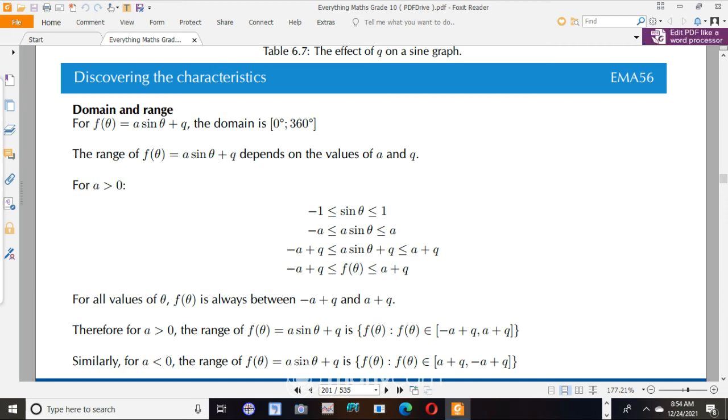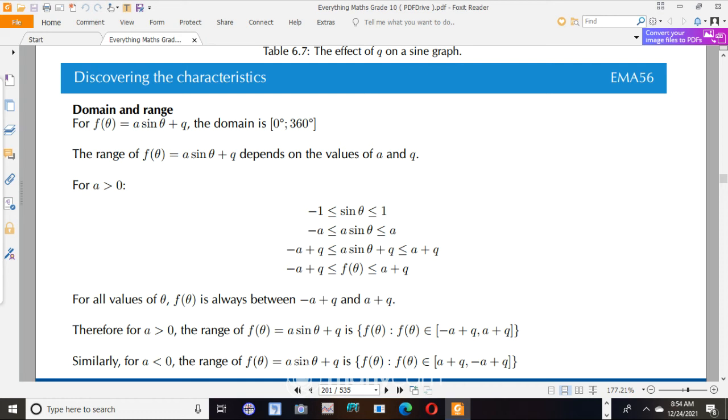Here, -1 is less than or equal to sin theta, and sin theta is less than or equal to 1. Multiplying by a: -a is less than or equal to a sin theta, which is less than or equal to a. Adding q: -a plus q is less than or equal to a sin theta plus q, which is less than or equal to a plus q. So -a plus q is less than or equal to f of theta, which is less than or equal to a plus q.